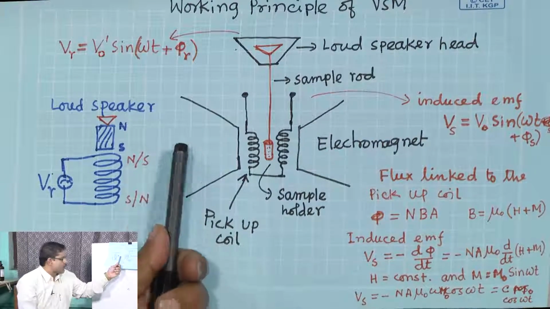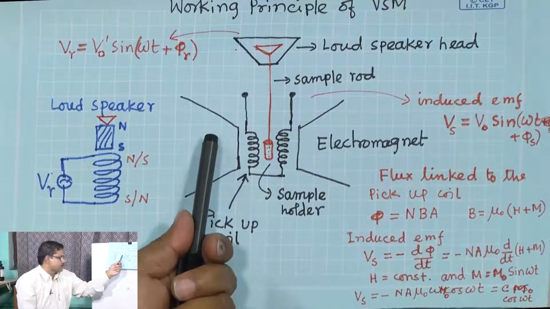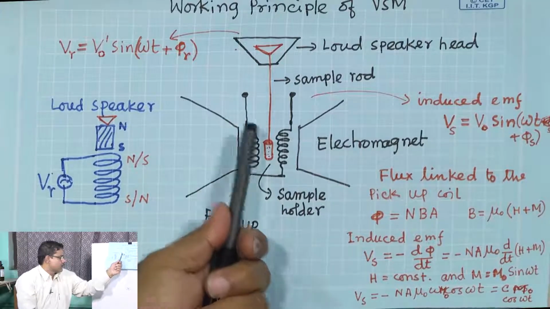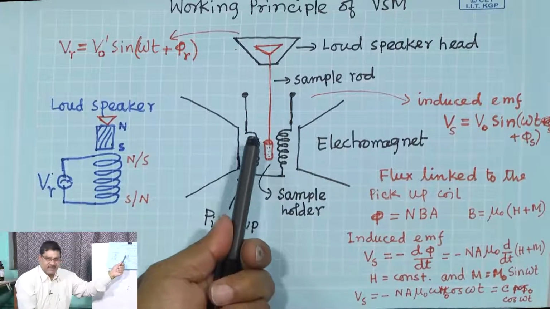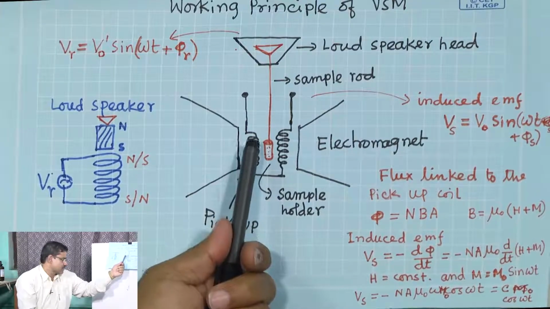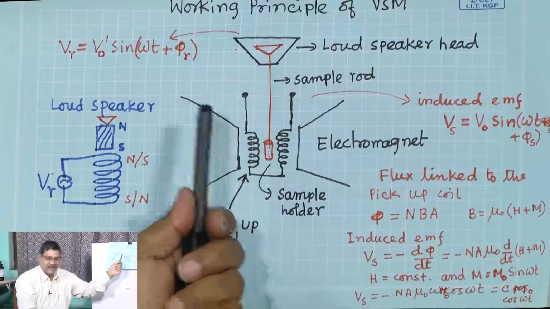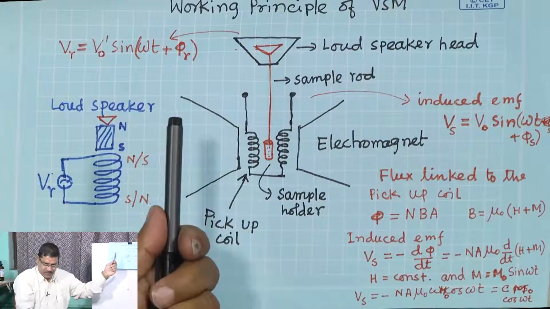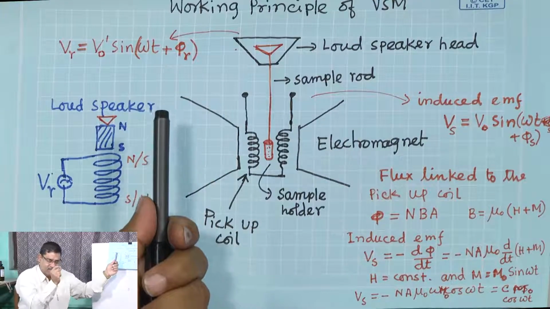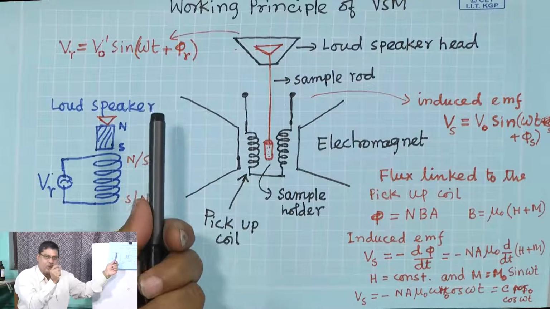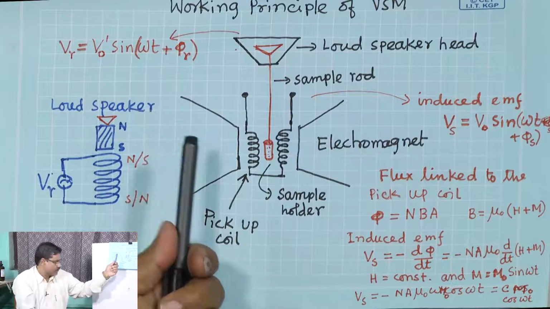So, for a particular magnetic field, the sample is magnetized, meaning there will be magnetization along the magnetic field, and that magnetization I want to quantify. Okay.